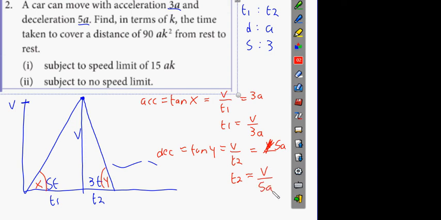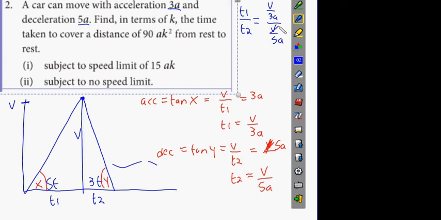Then, once you did that, what you could have said next was T1 divided by T2 is phi over 3a divided by phi over 5a.